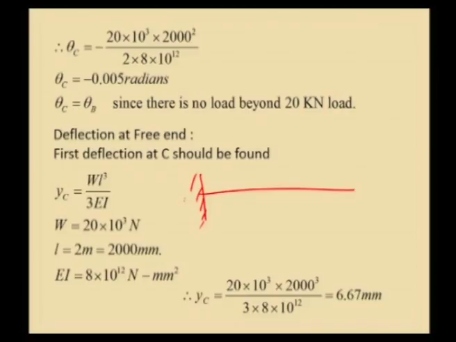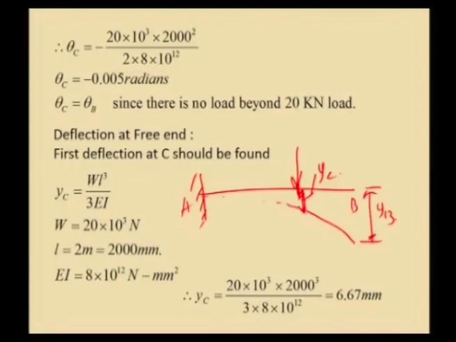So, if I want deflection at the free end, say load is applied at C, but we are interested in deflection at the free end, Y B is required. So, before calculating Y B, first we need to calculate Y C. Y C is deflection at C, that is under the load point.